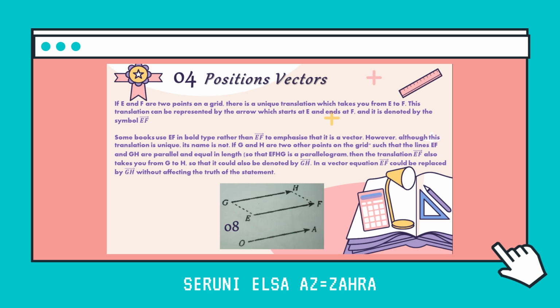In a vector equation, vector EF could be replaced by vector GH without affecting the truth of the statement.